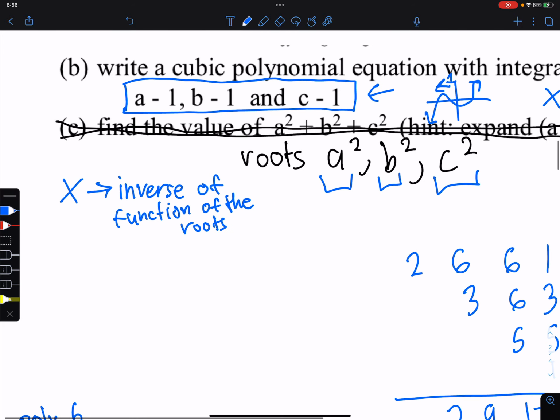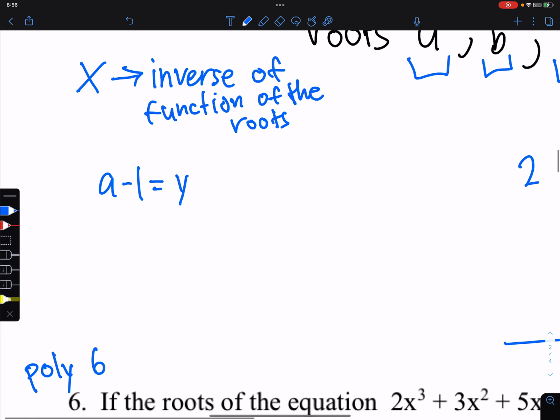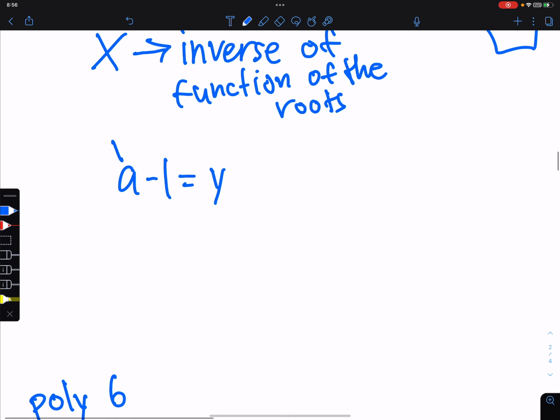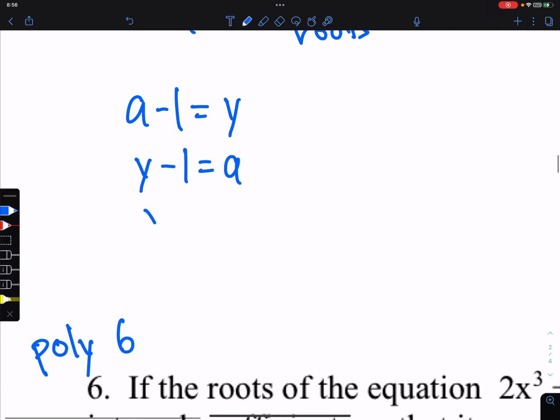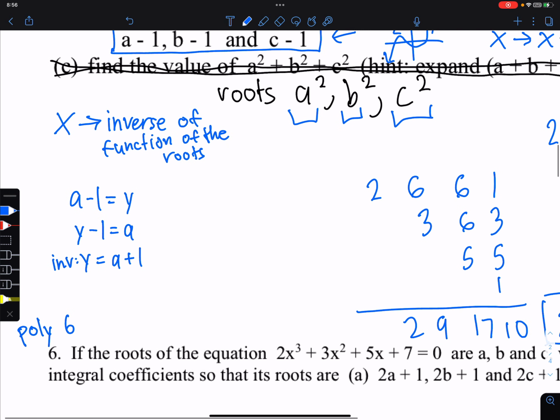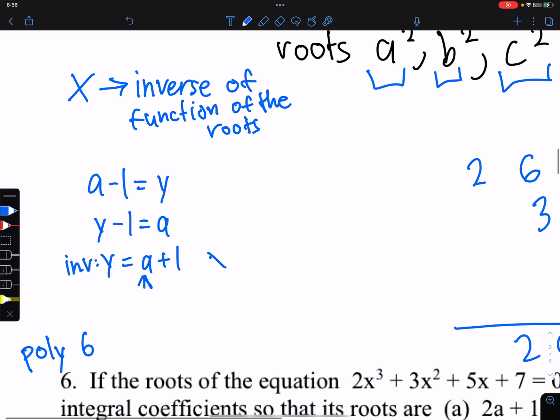So in this case, a minus 1, what is the inverse of this? Let's call this y. We have to switch our variable, and then we get y is equal to a plus 1. This is the inverse, right? And so we would plug in x to x plus 1.